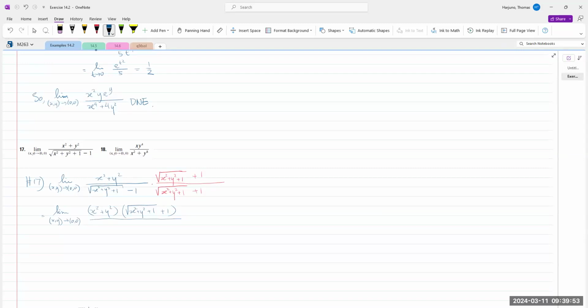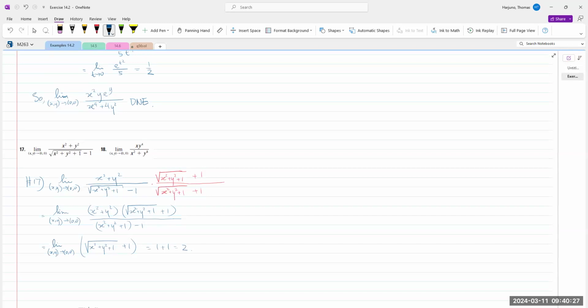When I multiply, I will get x squared plus y squared plus 1 minus 1, which is x squared plus y squared, right? And therefore I can cancel that x squared plus y squared on the numerator and denominator. I am left with the square root of x squared plus y squared plus 1 plus 1, which equals 1 plus 1, which is 2. So the limit here exists.